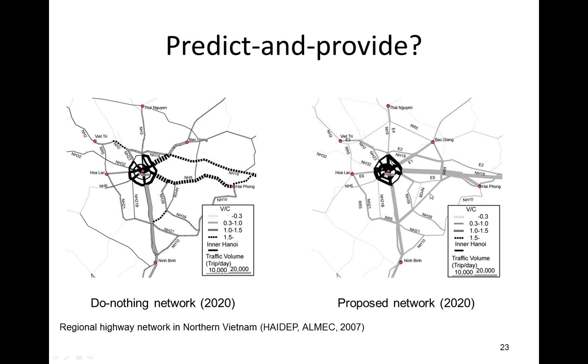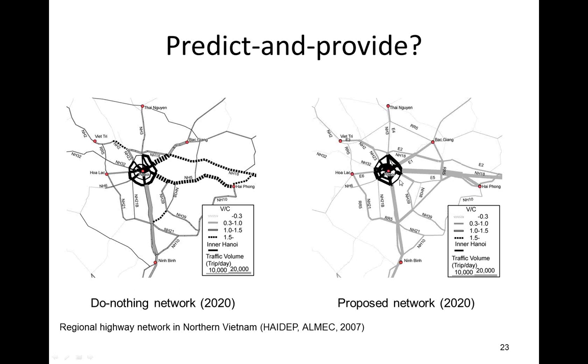So the approved solution is actually to build an expressway in this area, and this was then downgraded from, for example, a 6-lane expressway to a 4-lane expressway.